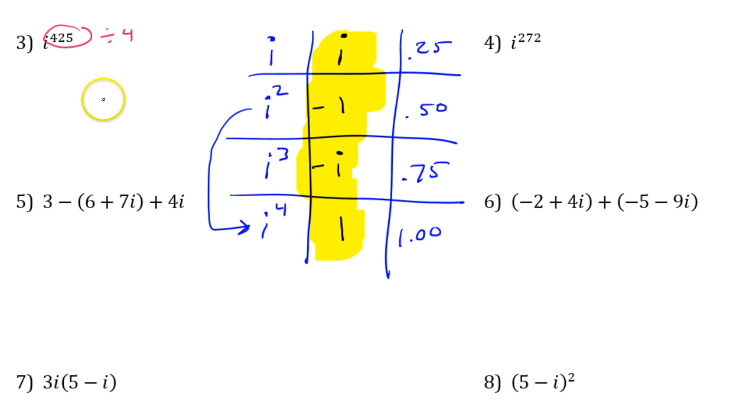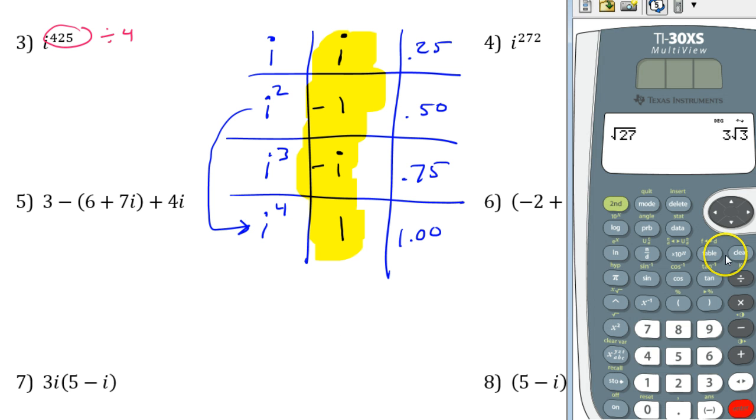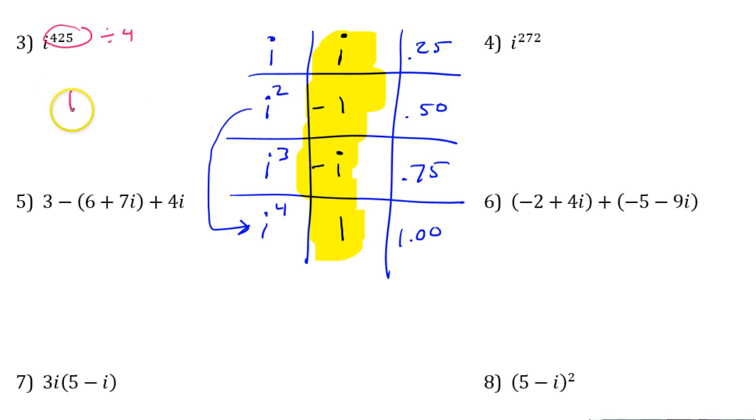So if I do 425 divided by 4, I get 106.25. The 0.25 tells me that this is the row that I want. So i is the answer.